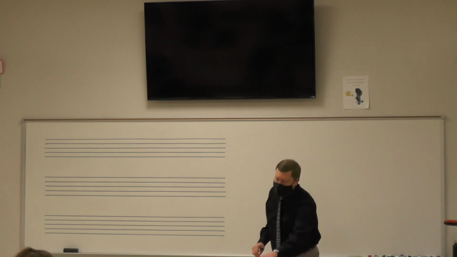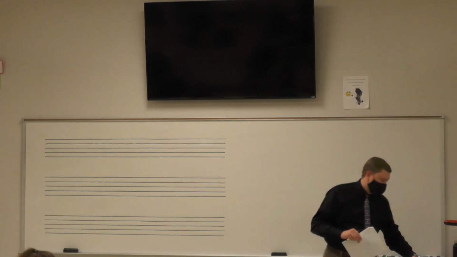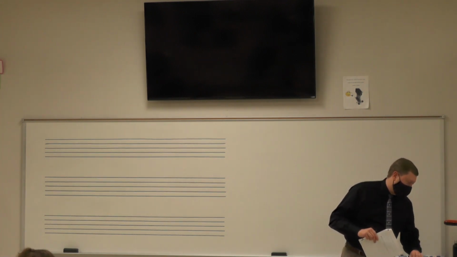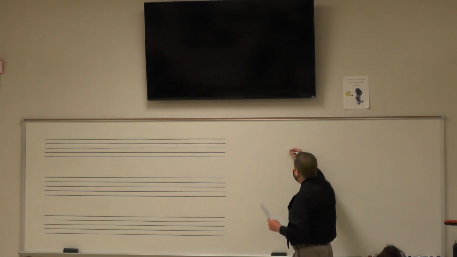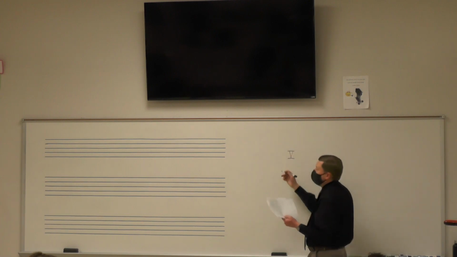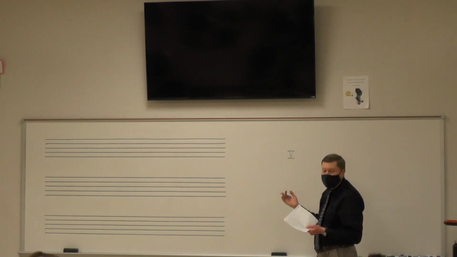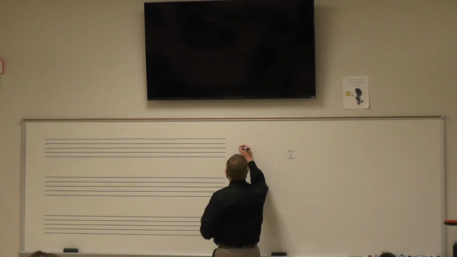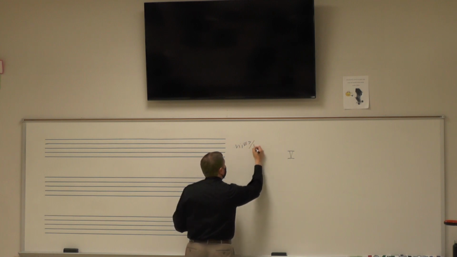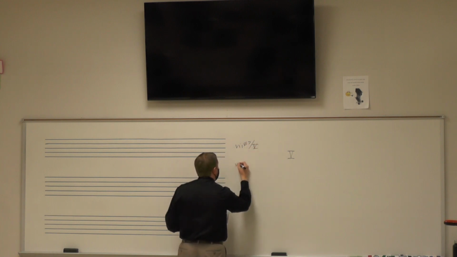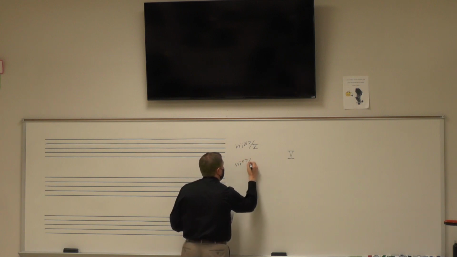The book talks, and I don't need you to memorize this rule, but the book talks about the rule on page 273. If the triad to be tonicized is major, like if we're going to do a vii7 of V, you can use either the half diminished 7th chord or the fully diminished 7th chord.